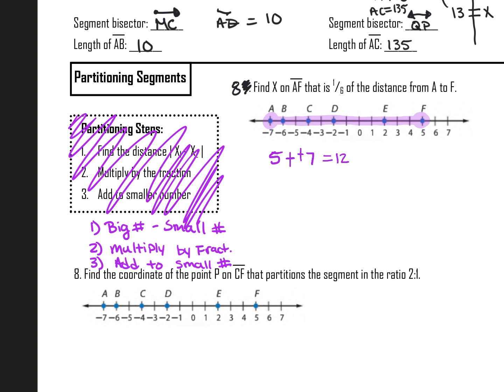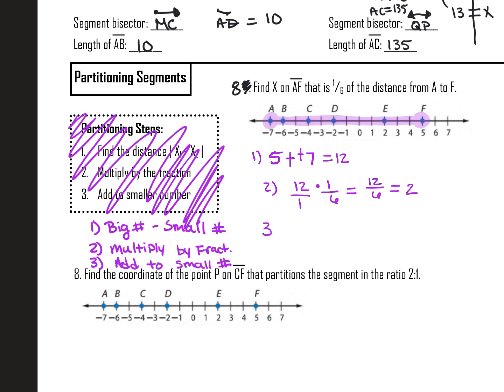And then it says to multiply by the fraction. So in my question, the fraction is 1/6. So I'm going to do 12 times 1/6. And you can type this into your calculator, or you can put this 12 over a 1 and you multiply straight across. So I'd get 12 over 6, which we should all know is actually just 2.